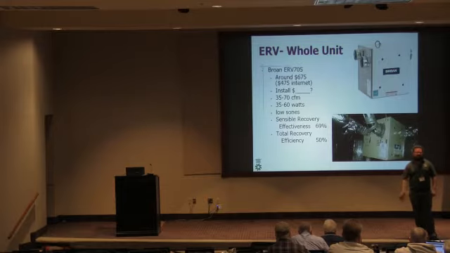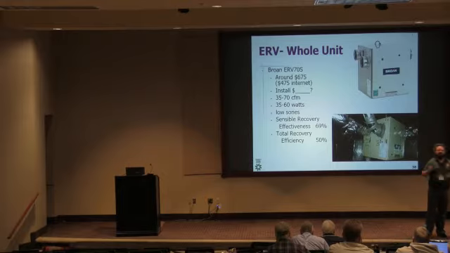And the fully ducted system to a return might be $200 to $300. The small Panasonic ERV cost about $300 off the internet, installed might be $500 or $600. So I think it's really cost competitive, a much better piece of equipment, and it gives you balanced ventilation, so you're not positive or negative. You're balanced, CFM in, CFM out, and you're getting recovery of energy from the outgoing airstream.